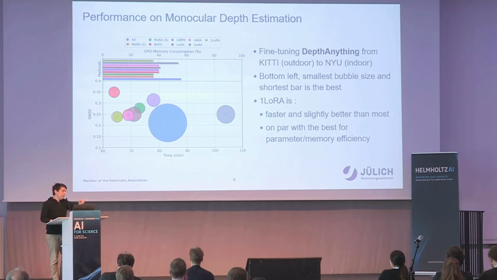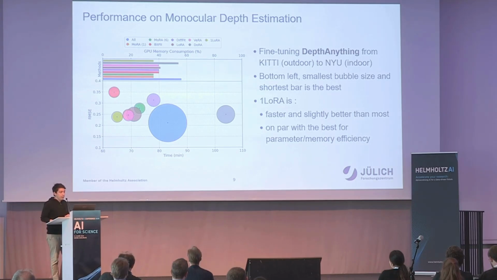The plot on the left can be interpreted as follows: the y-axis is the root mean square error, the x-axis is time, the bubble size is parameter count, and the bar plot on top is GPU memory consumption. Ideally, the best case is bottom left, the smallest bubble, and the shortest bar.